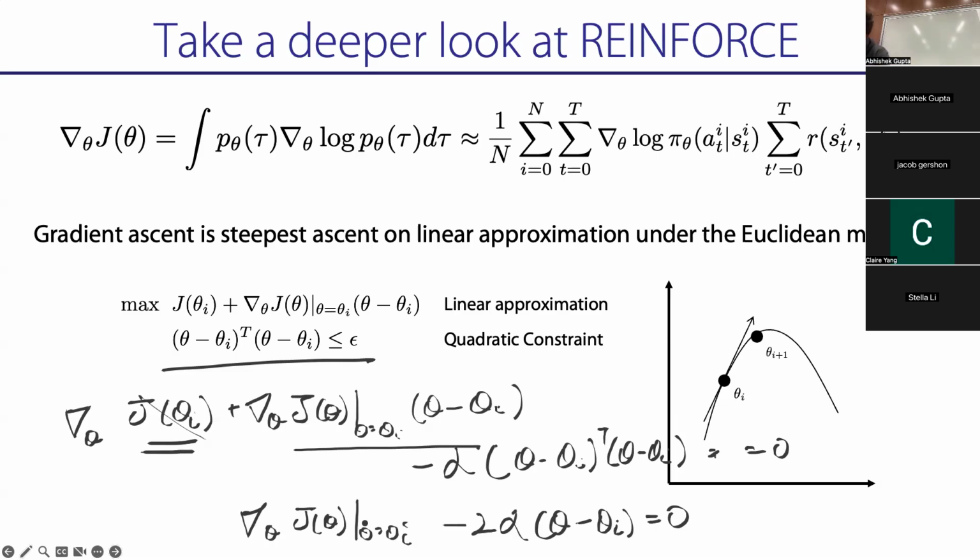Okay, so now we'll do a little bit of algebra here. So you take this over to the other side. You can say that the gradient is equal to 2 alpha (theta minus theta I). Right, so what did we do? We took this objective, we formulated the Lagrangian parameter alpha, we took the gradient, we equate it to 0. Right?